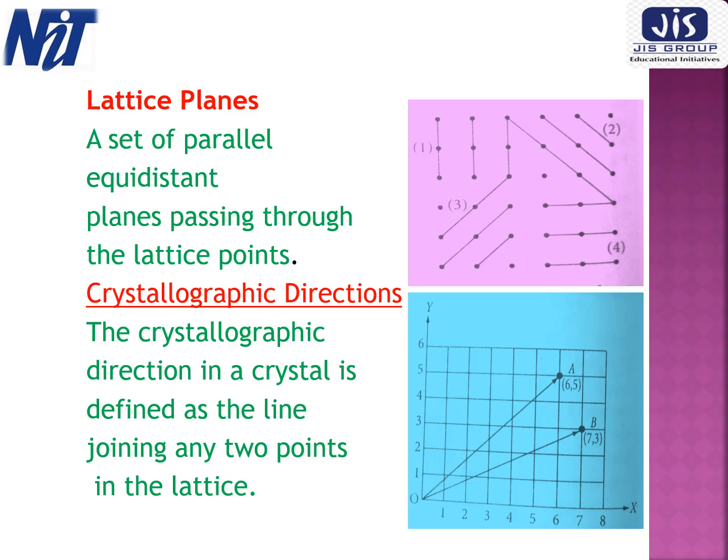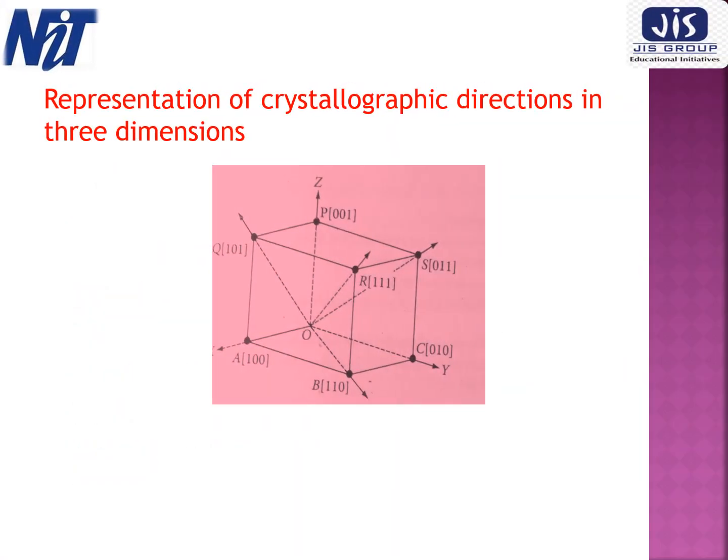So the crystallographic direction of the point as shown in the diagram will be given by [100]. Representation of crystallographic directions in 3 dimensions. Just as we discussed, conventionally the directions are denoted by 3 numbers by putting them in the brackets as [x y z].